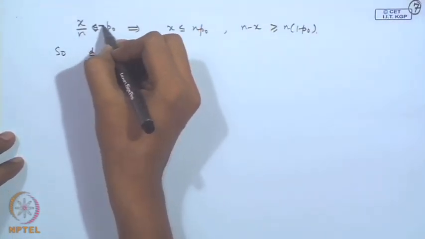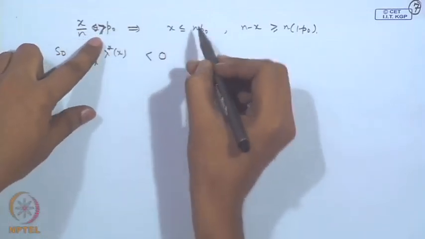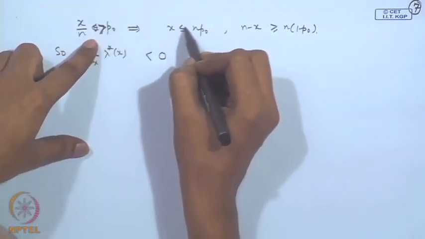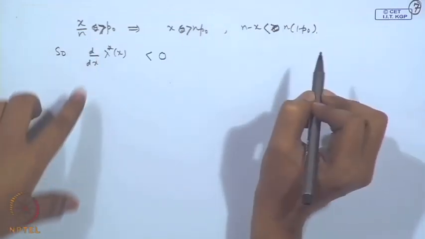Sorry, this is greater actually. I made a mistake here. X by n is greater than p naught region we are considering. So, x is greater than n p naught, n minus x is less than n into 1 minus p naught.